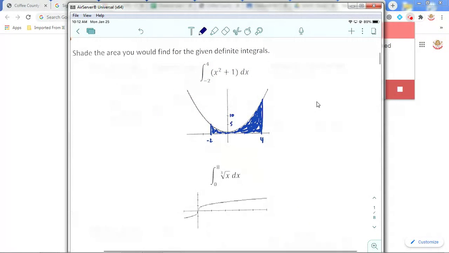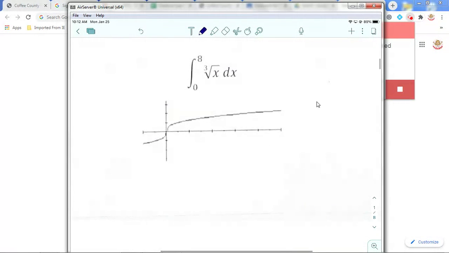You guys try this last one on your own, please. There's really not a vertical line to draw at 0 because it actually goes through 0, 0.